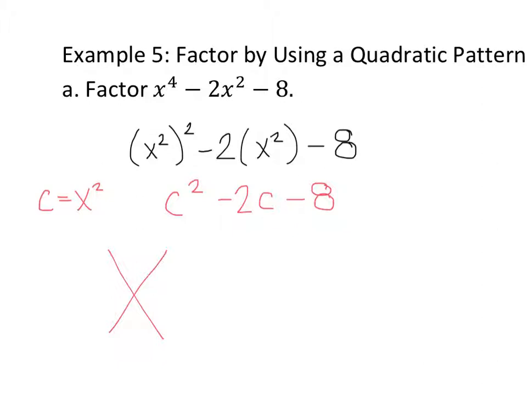Okay, so in our factoring x here, what goes at the top? Negative 8, and in the bottom is negative 2. So what are our numbers? Negative 4 and 2. Very good. So negative 4 over 1 and 2 over 1. And they're reduced.